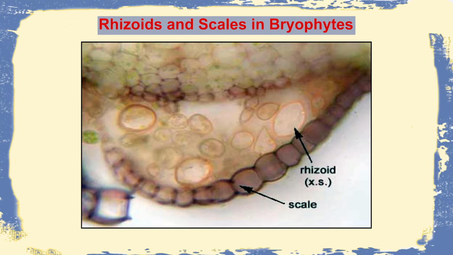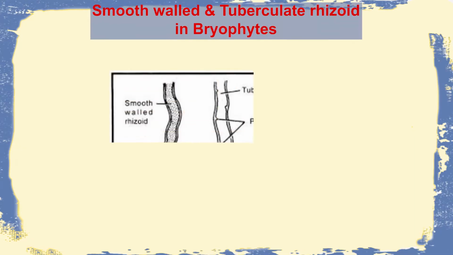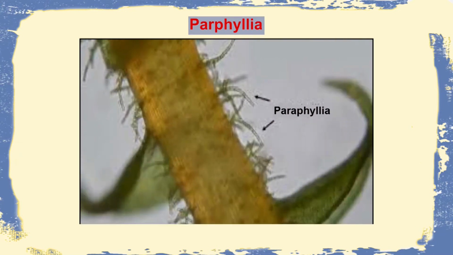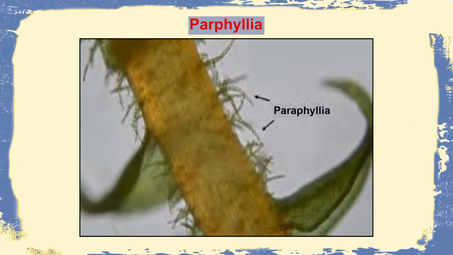In bryophytes, rhizoids are usually unicellular and can be both smooth-walled as well as tuberculate. In tuberculate rhizoids, there are peg-like projections which project into the lumen. And there are also structures called paraphyllia, which are also important appendages of the gametophytes in the bryophytes and help in performing different sets of functions.